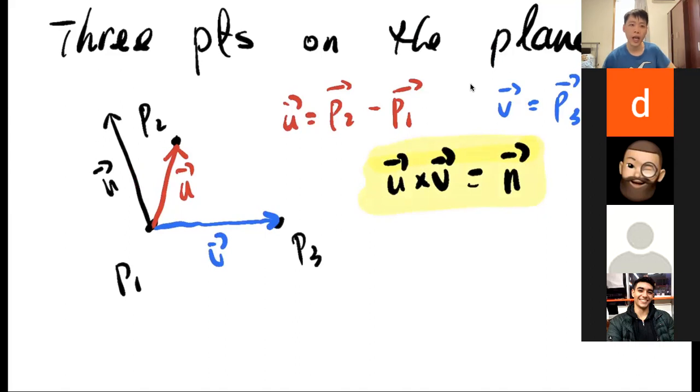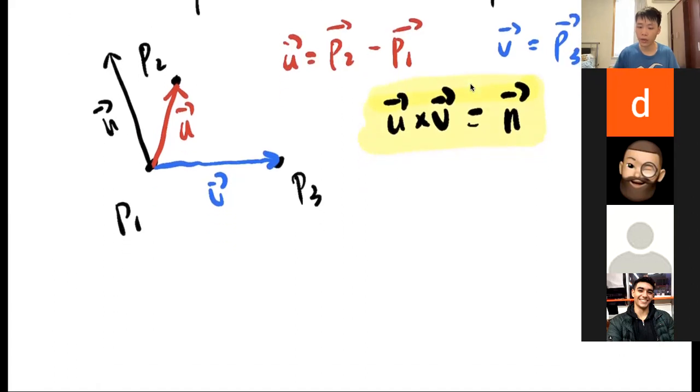Actually, you can pick any point you want, P2 or P3. Since now you have a normal vector and a point, it goes back to the first step, where you have A, B, and C and the point P1 with x0, y0, z0.